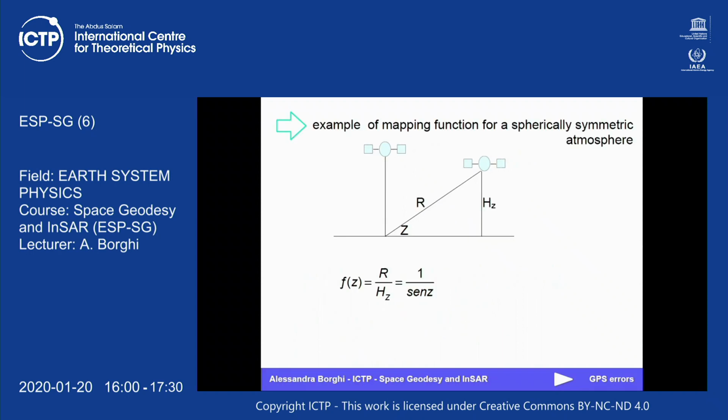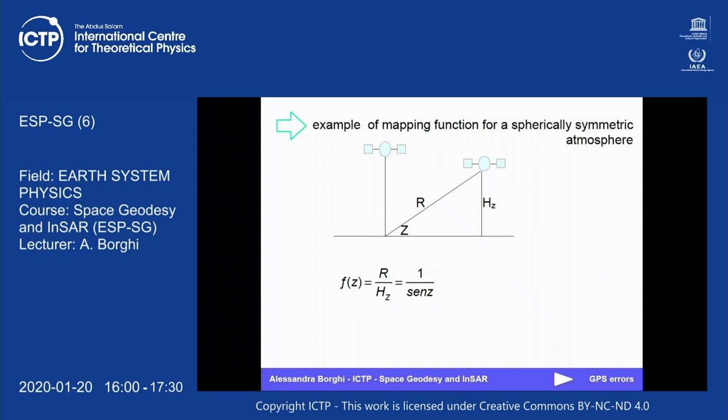For instance, this is an example of a mapping function for a spherically symmetric atmosphere. That means that it's not related to the azimuth of the station. Observations coming from this direction or this direction, in this type of model, have the same delay.